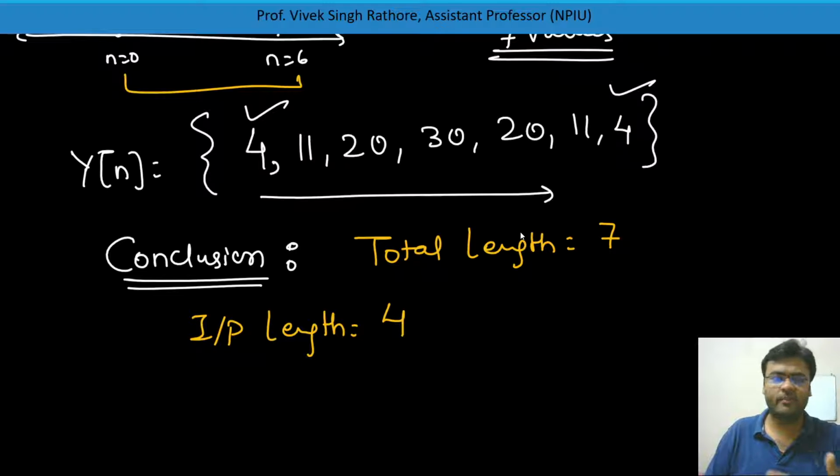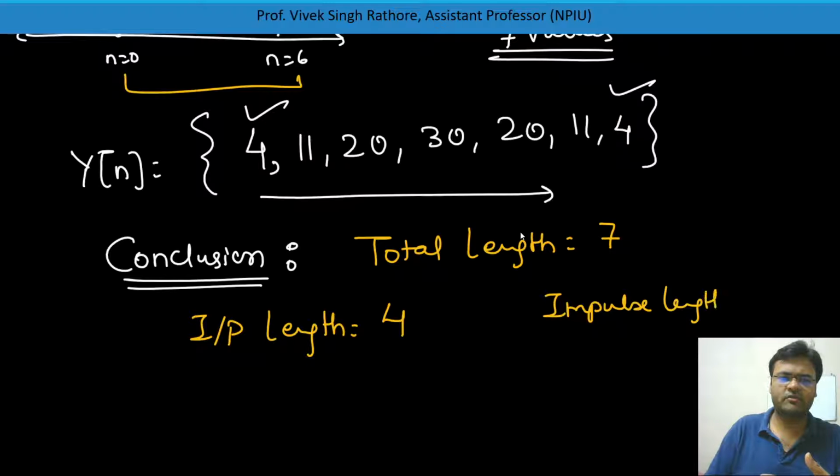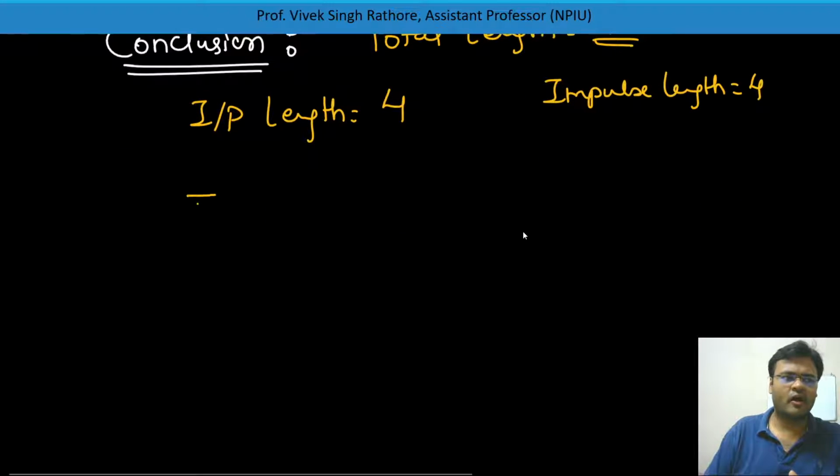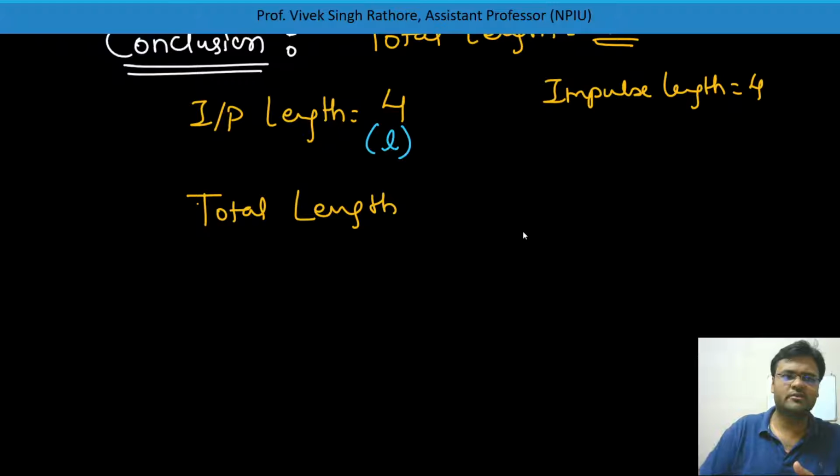Your impulse response length was 4. So you are getting total output length of 7. So we can conclude that it has been concluded by many examples, and it is true: let's suppose the input length is L and the impulse response length is M, so the total length will be L plus M minus 1.